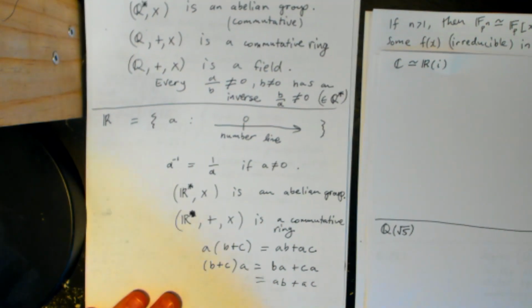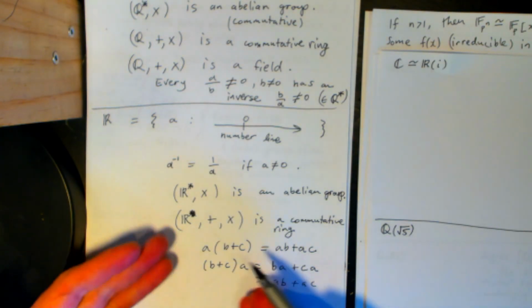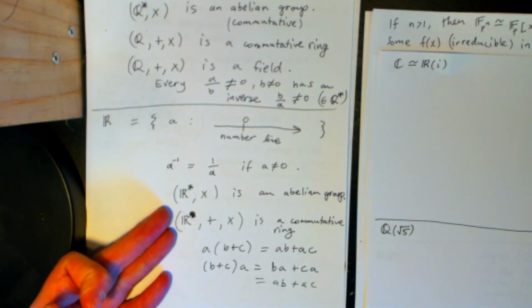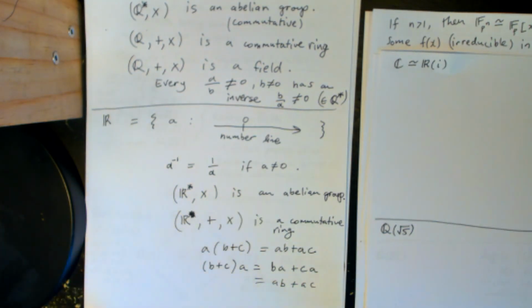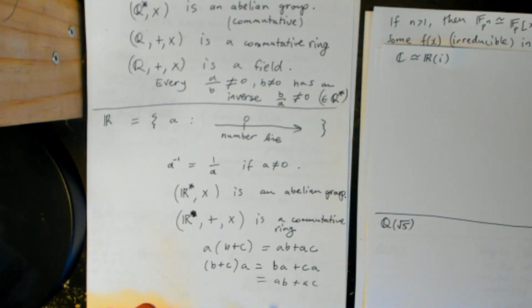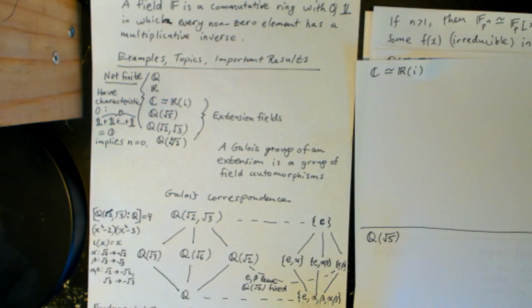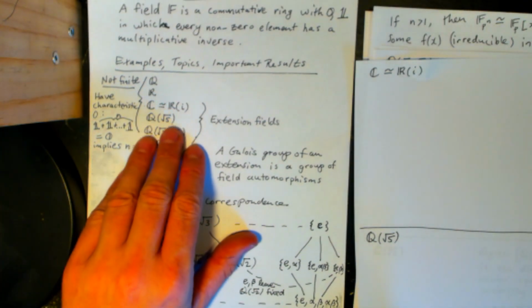Okay. So we have a field out of this because in addition to these, every element of the non-zero real numbers has a multiplicative inverse. So this is a field also. Okay, so next let's move on to some field extensions.